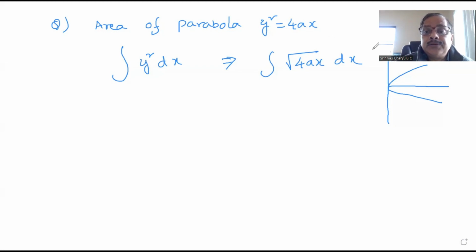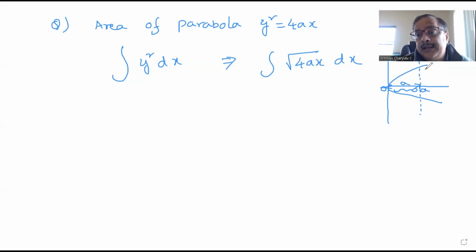Now here also for this parabola there is a fixed point. If you know the conic sections definitions for the parabola, there is a fixed point called the focus. This distance from here to here is small a. So we have to integrate between 0 to a.